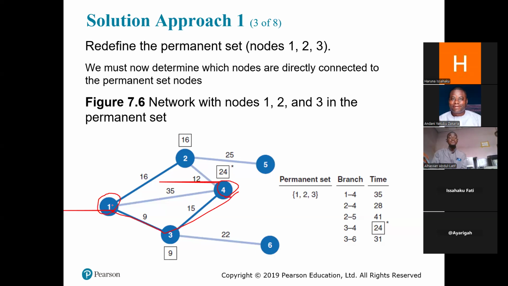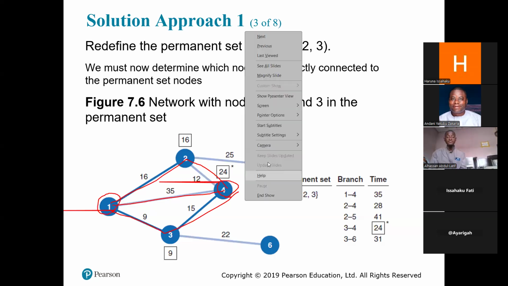If you move directly from 1 to 4, you will spend more time. If you also decide to move from 1 to 2 and then to 4, you will spend more time. And that's basically what we just did. Okay, we are showing you the shortest route to various destinations.